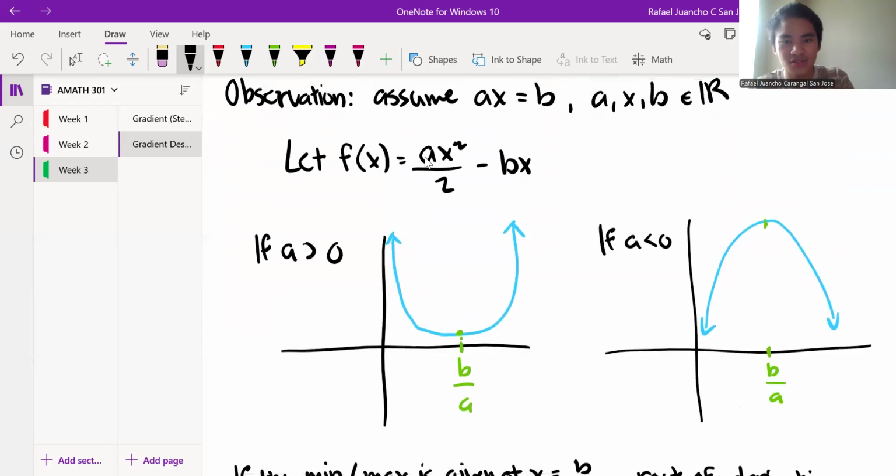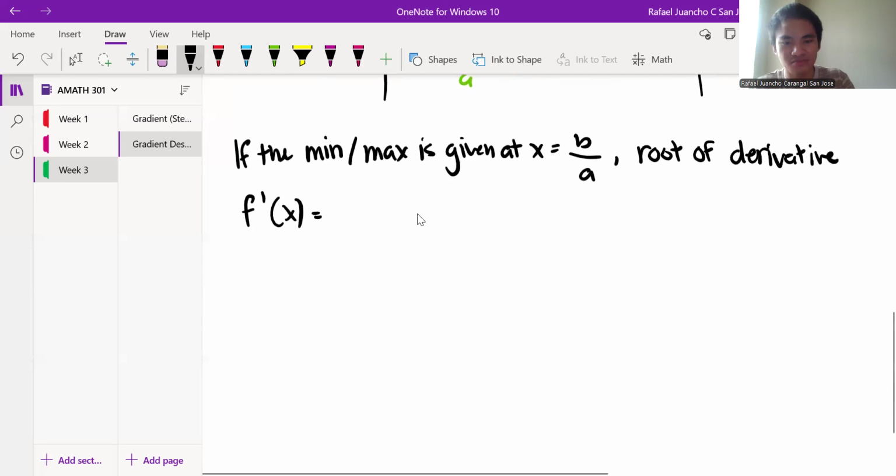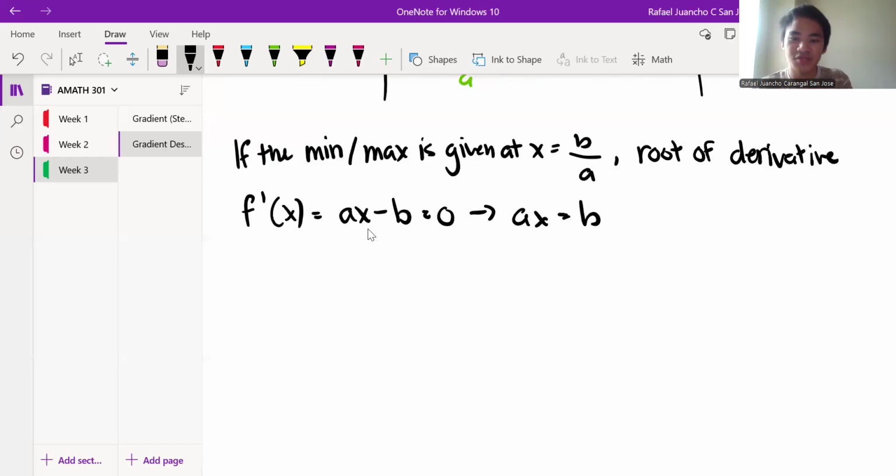Well, this is just Ax minus b, and we set it equal to 0, then we can find Ax equals b, which is what we got earlier. So what does that mean? So apparently some derivative calculus is in play here, and it somehow connects us back to what we initially have, which is Ax equals b.